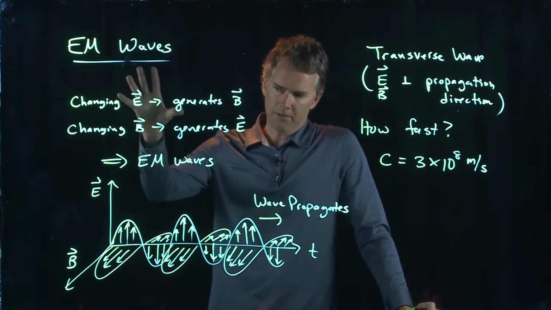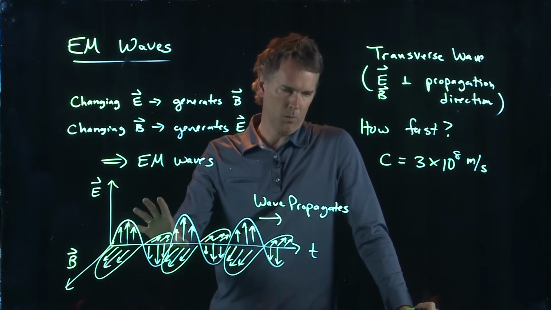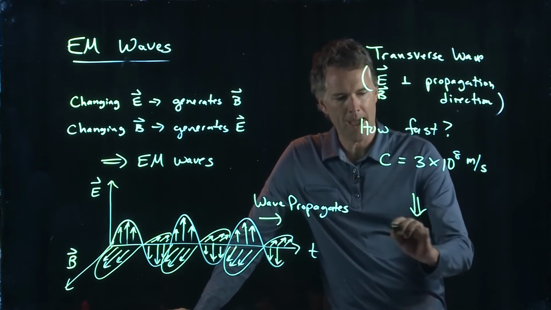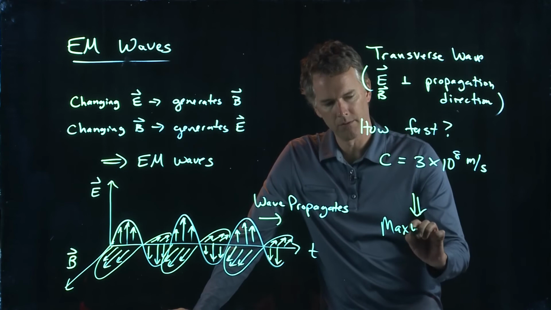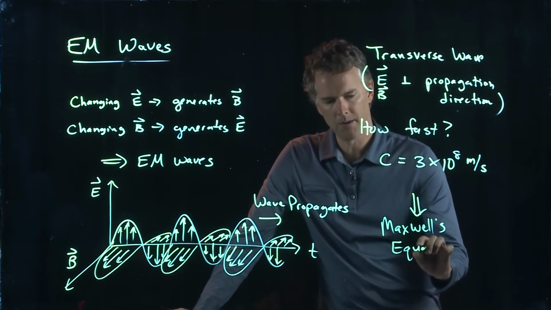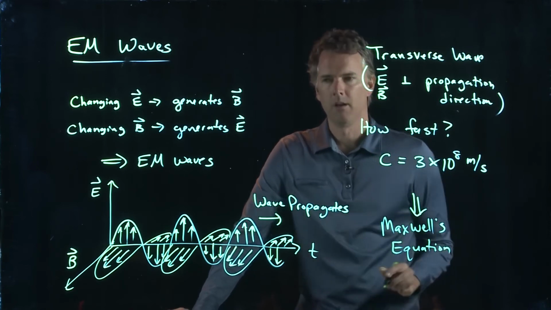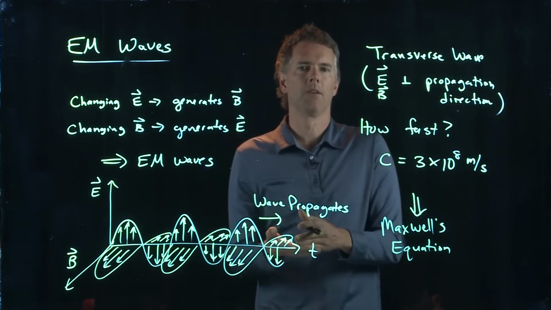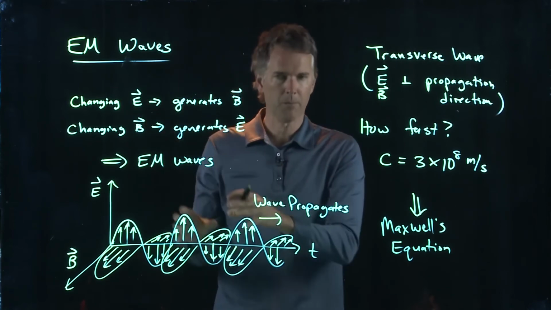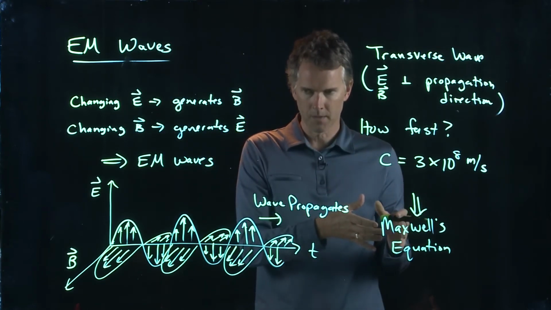This stuff, electromagnetic waves, came about from something called Maxwell's equations. Up until Maxwell, we had independent quantities. We had electricity, and then we had magnetism.